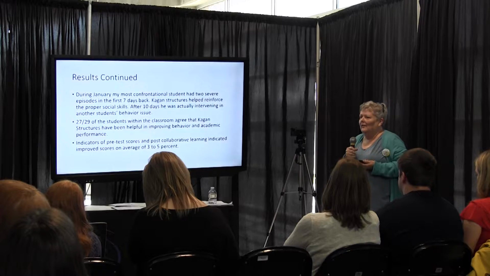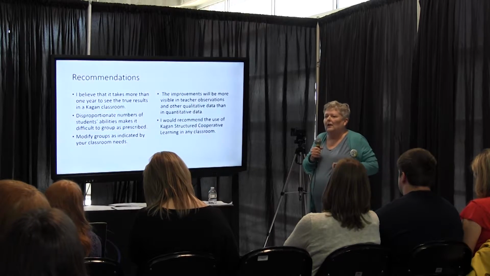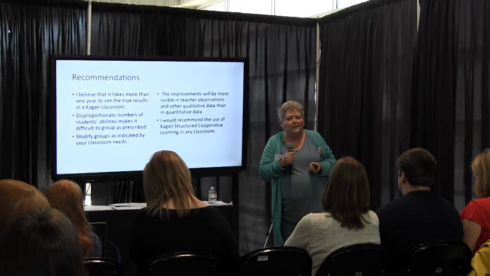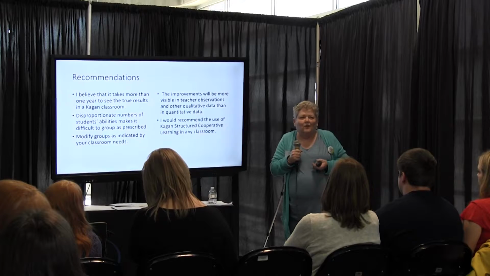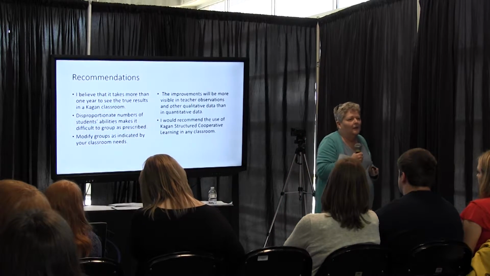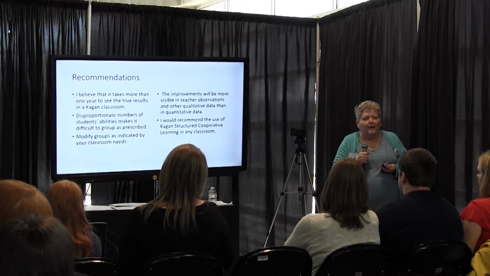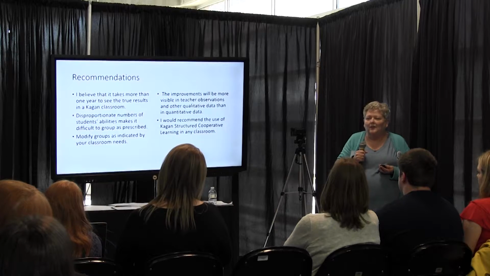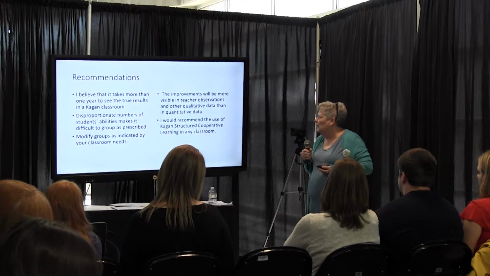But guys, the really, really big part of this, it's not so much quantitative data that you're going to get, because that's not enough of an improvement to really be able to point to Kagan and the labs and things and say, that's the reason. But it happens. And I think as much as anything, it happens because you have the Kagan structures.